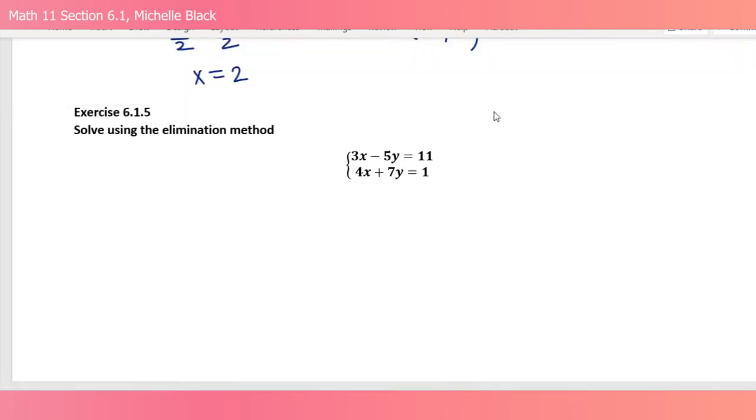So if I'm looking at the numbers 5 and 7, the least common multiple of 5 and 7 is 35. So what I'm going to do is change these coefficients into negative 35 and positive 35.